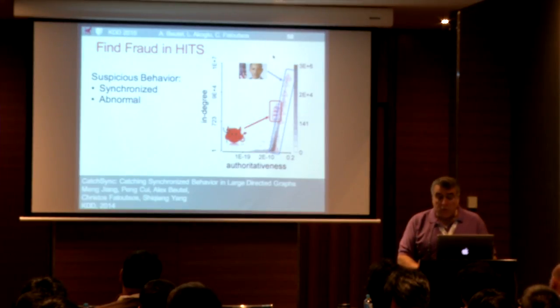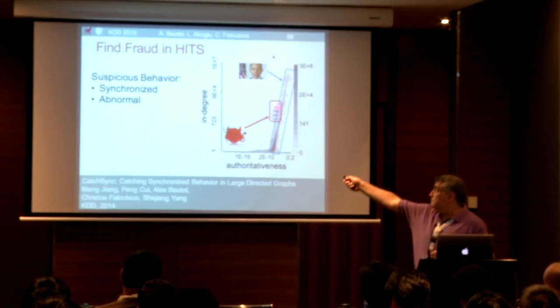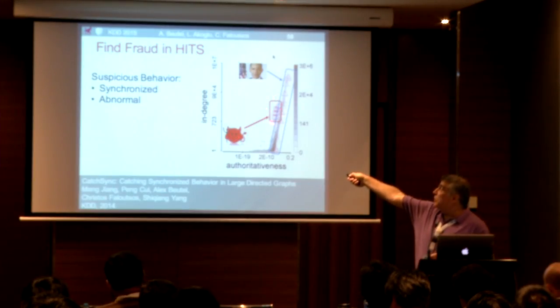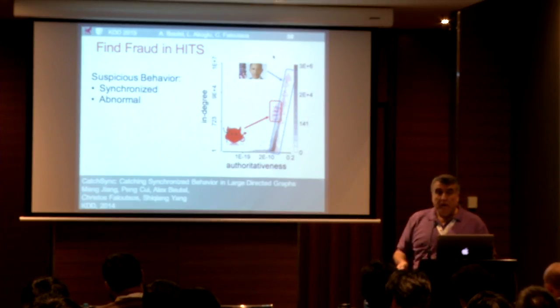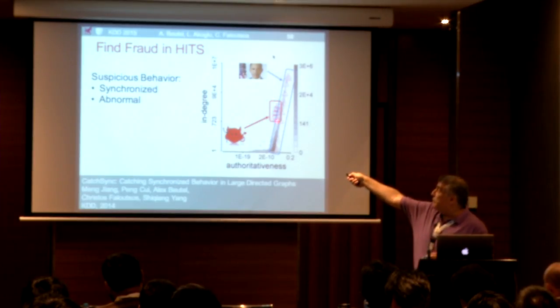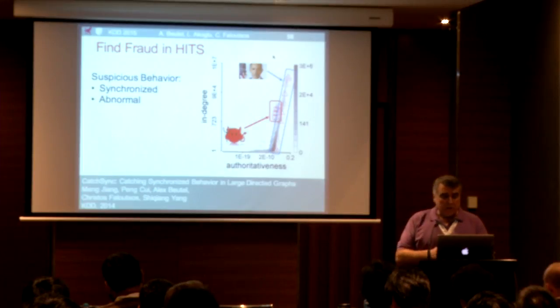Fraudulent behavior is usually created by a script or something, and there is not a lot of variation. So this is how, given a node, we can figure out its followees, and if the followees are far away from the mass and nicely concentrated, then we give an abnormality score.